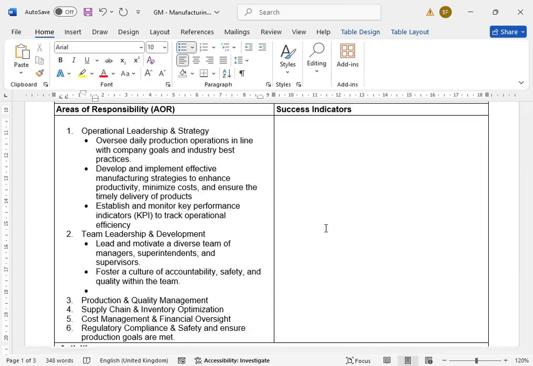So the next one would be develop training programs. Remember the number two, team leadership and development. This is leadership, and at the same time he will develop all the subordinates, all the people working under him. So he's going to develop training programs for these guys.